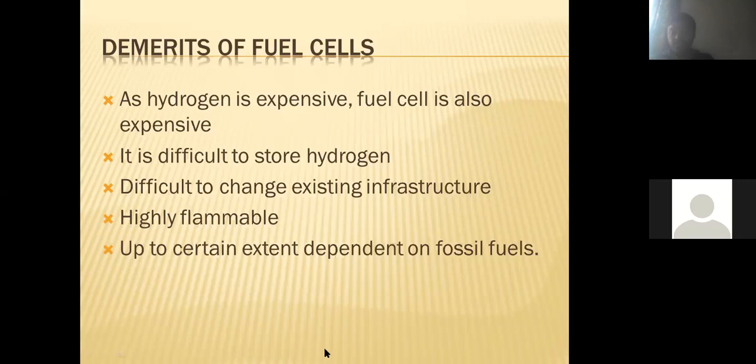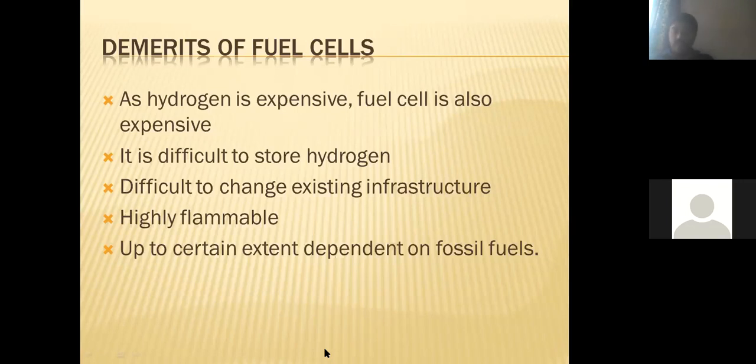What methods? It can be stored either in gaseous form, liquid form, or solid form, right? In any one of these methods, storing is becoming difficult for everybody. The infrastructure needed for storing the hydrogen is difficult. So we need to develop our own infrastructure once again here.